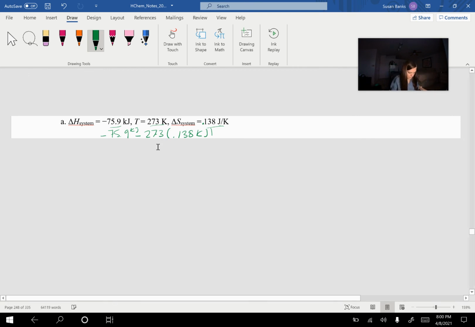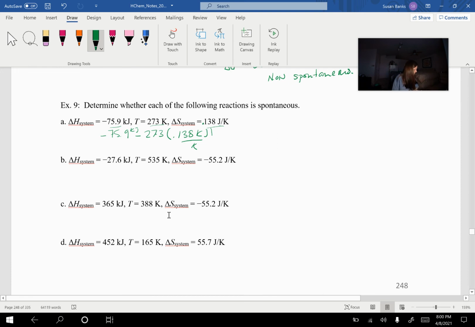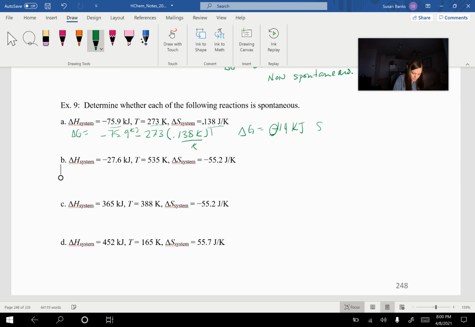So when we do that, we get a value for delta G is negative 114 kilojoules. That being negative means that we are spontaneous on this one.